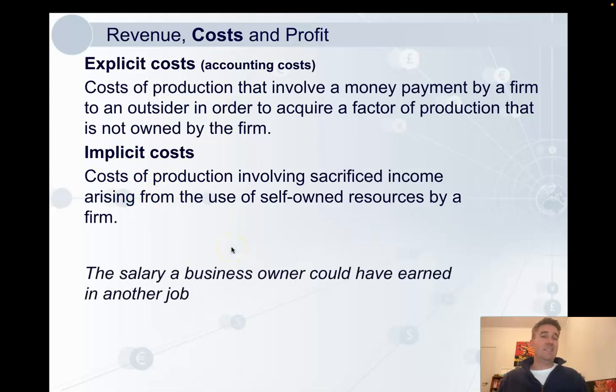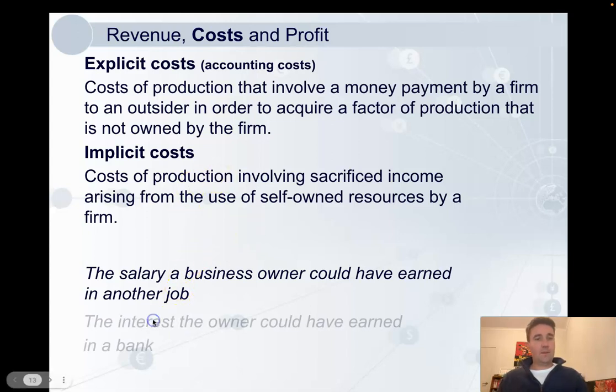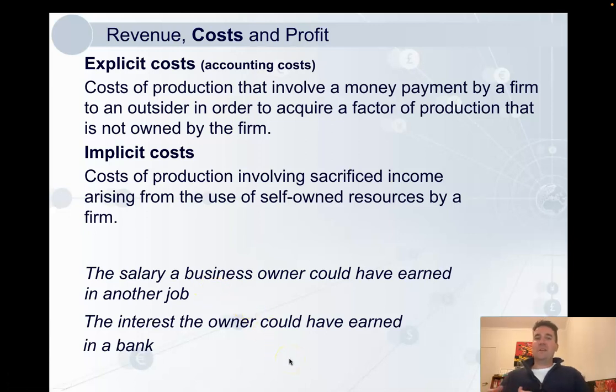An example of this is the salary that a business owner could have earned in another job, but instead they've been working for the business. So they have an opportunity cost, what else they could be doing with their time to make money. And they also have an opportunity cost of what else they could be doing with their money to make money.